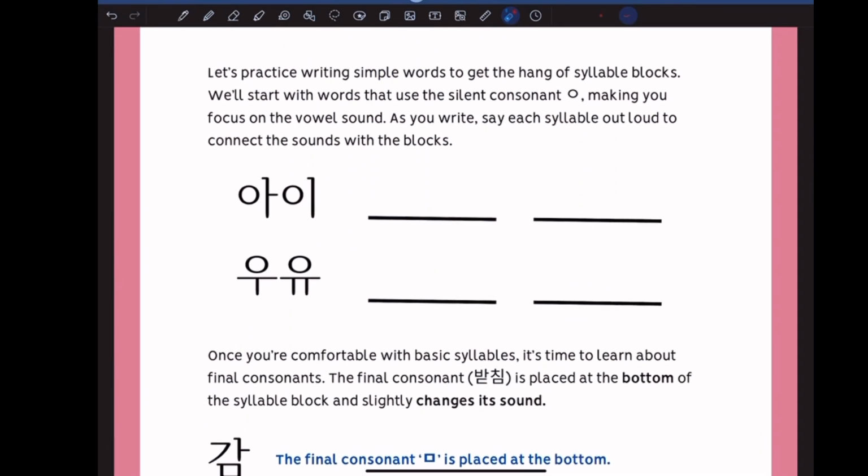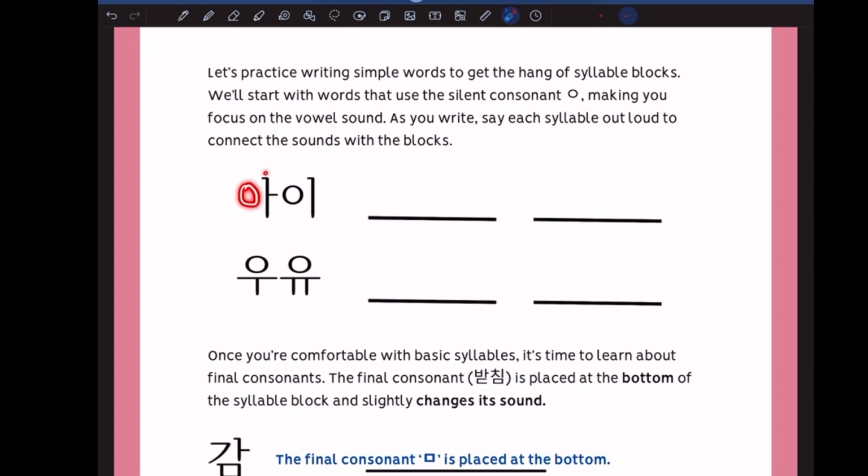So now let's practice writing simple words to get the hang of these syllable blocks. We'll start with the words that use the silent consonant, making you focus on the vowel sound. As you write, say each syllable out loud to connect the sounds with the block. Last time we learned about this consonant sound: as it combines with the vowels, it silences the sound.